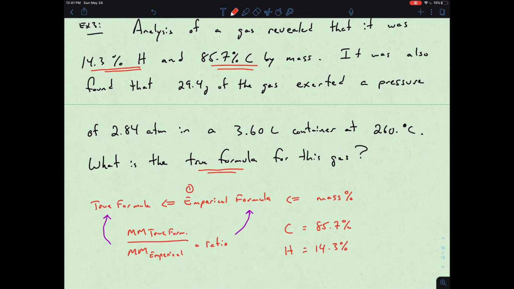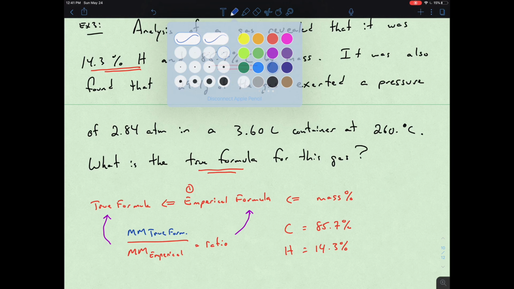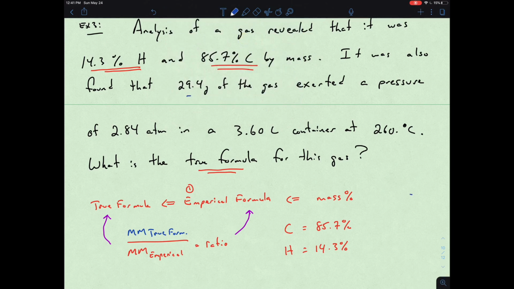Now, to get to the true formula, we would need to have the molar mass for the true formula. And if we look at the data in the question, we can get at that molar mass from these other pieces of the puzzle: that 29.4 grams of the gas exerted a pressure of 2.84 atmospheres in a specific volume of 3.6 liters and at a specific temperature of 260.